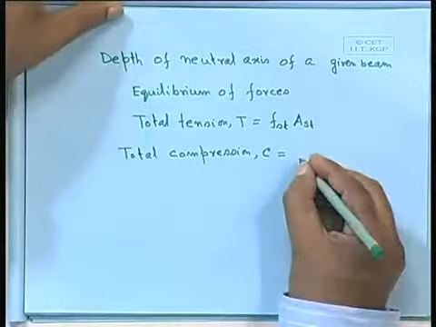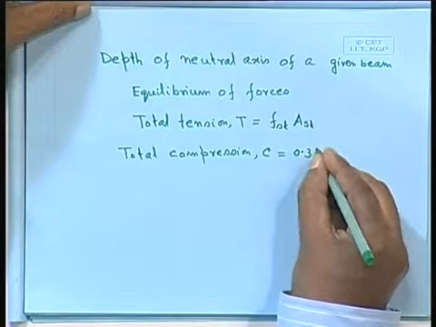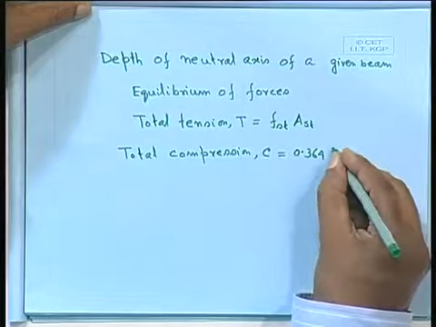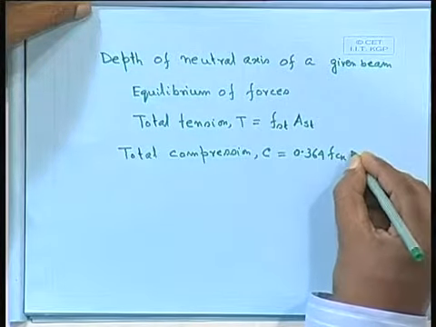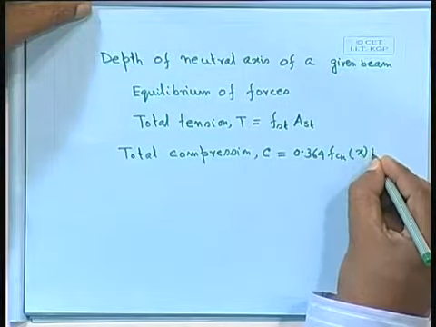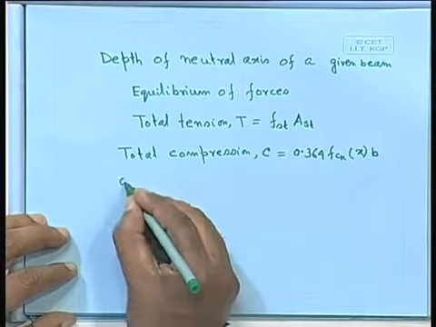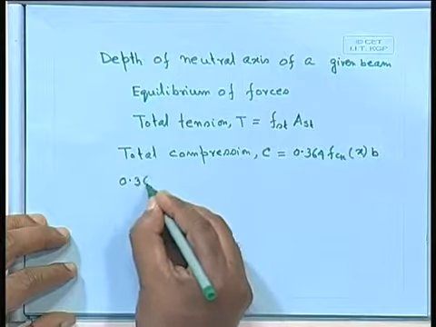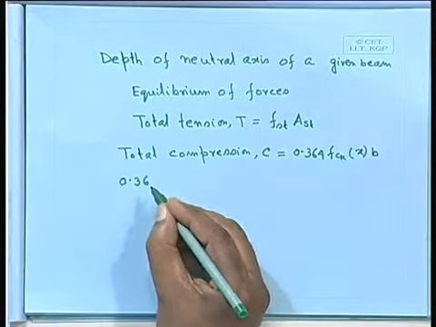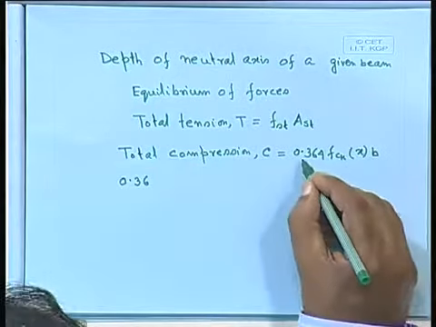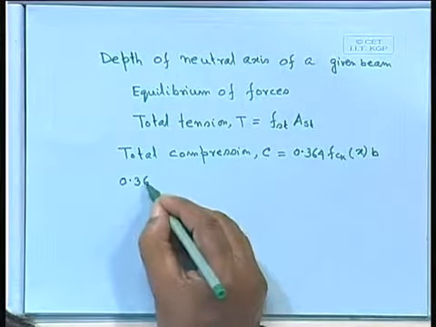So, let me copy it here, 0.364 fck xb. Therefore, for equilibrium case, instead of writing 0.364, we also write down as 0.36.